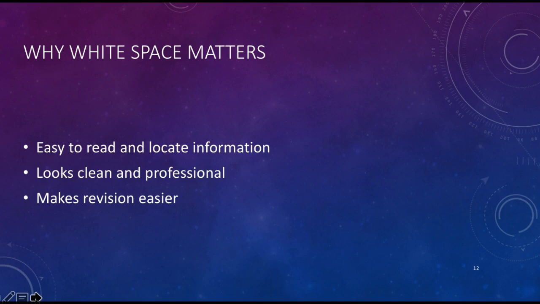And I've got the bullets here, and there's plenty of space between my title and the end of my bulleted list. By organizing this page in that way, it really emphasizes the bullet points. And that's what white space can do for you: it will emphasize the information that is on the page. So it's easy to read and locate information.